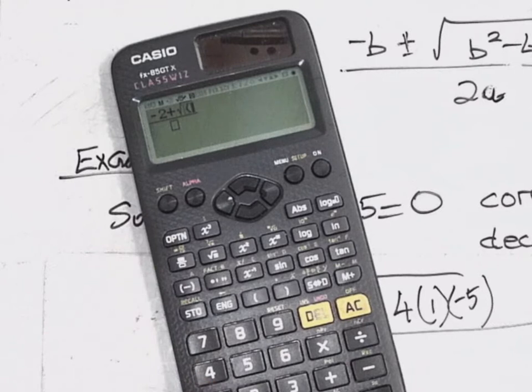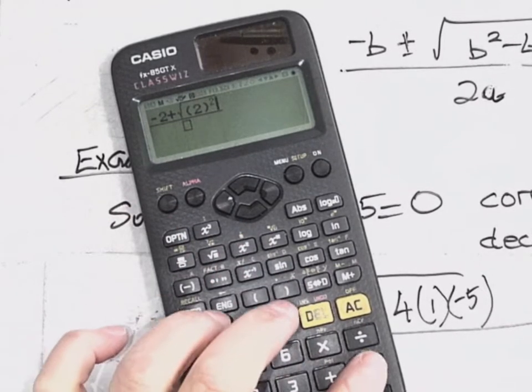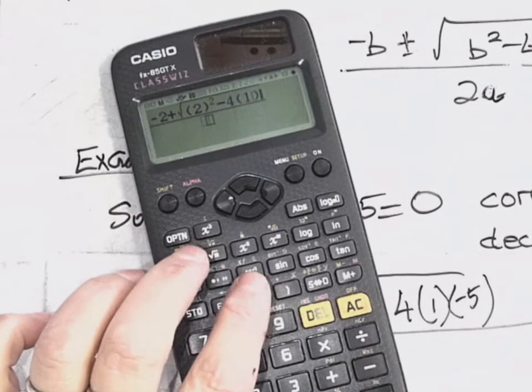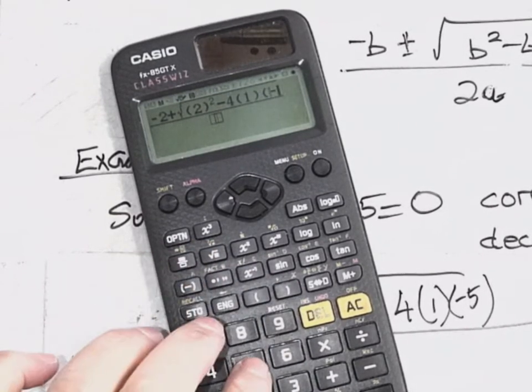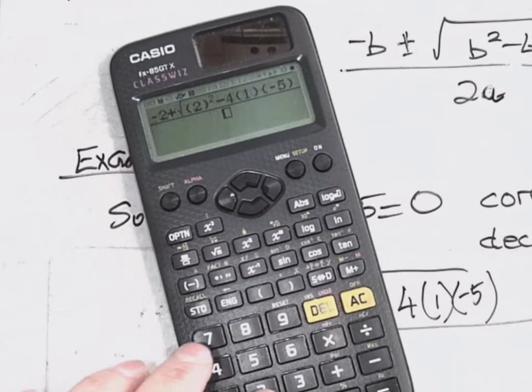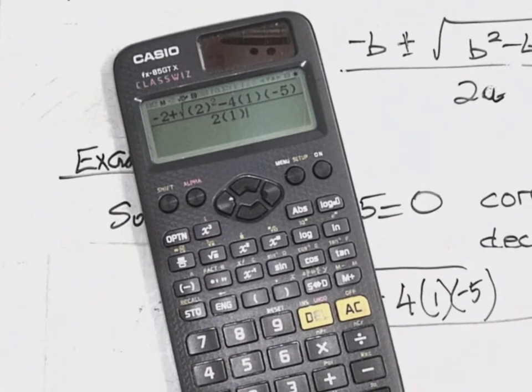So open bracket, 2, close bracket, squared, -4, open bracket, 1, close bracket, open bracket, -5, close bracket. Then go down underneath the line and go 2, open bracket, 1, close bracket. Is that okay?